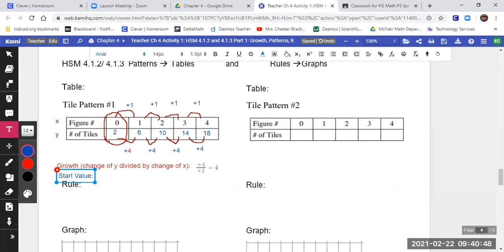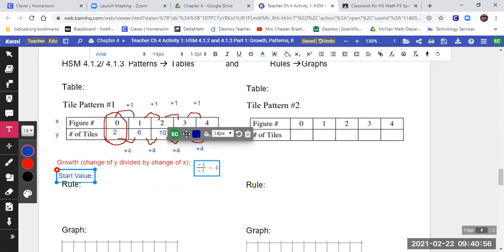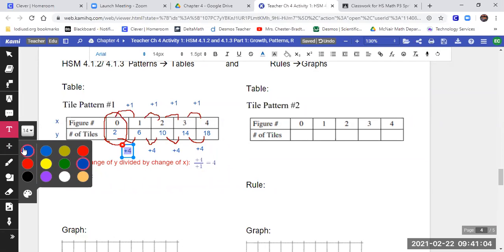Start value is something we just see. Start value is something that the table gives us at spot 0. What does it say our start value was at spot 0? What did the y equal?